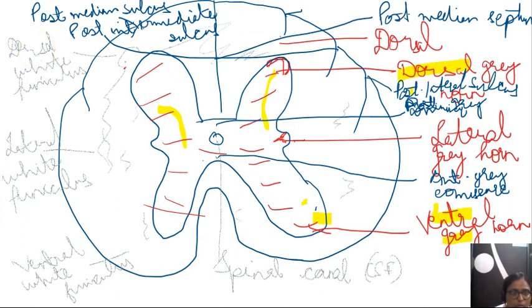Now if we talk about the dorsal column tracts.